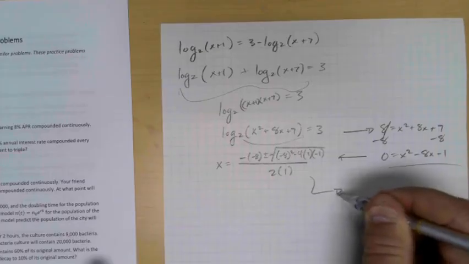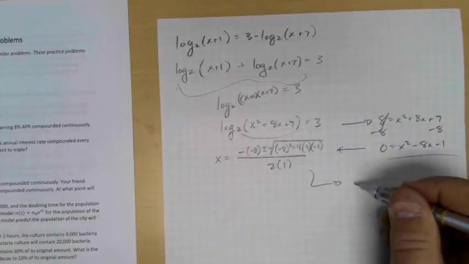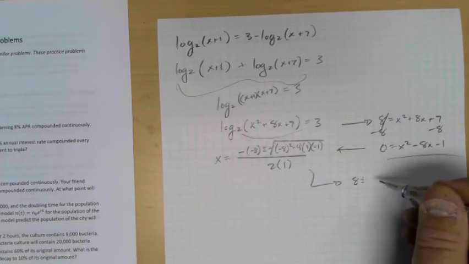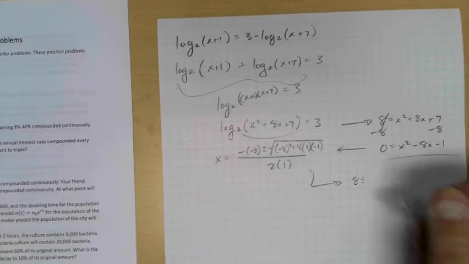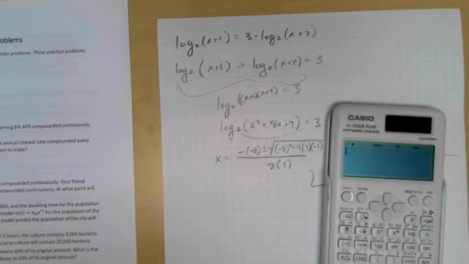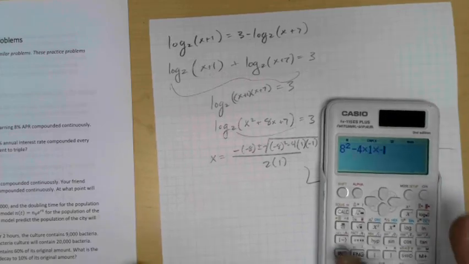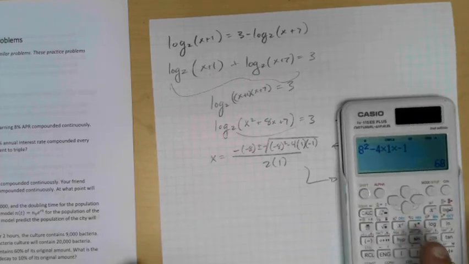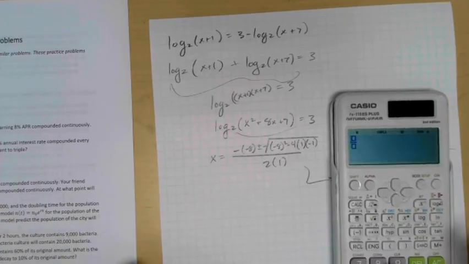So that's going to give me 8 plus or minus the square root of, you know what, this is where I screw up when I do the quadratic formula. So I'm going to do 8 squared, because that's negative 8 squared, minus 4 times 1 times the negative 1. That gives me 68. So I'm going to actually simplify this: 8 plus the square root of 68 over 2.